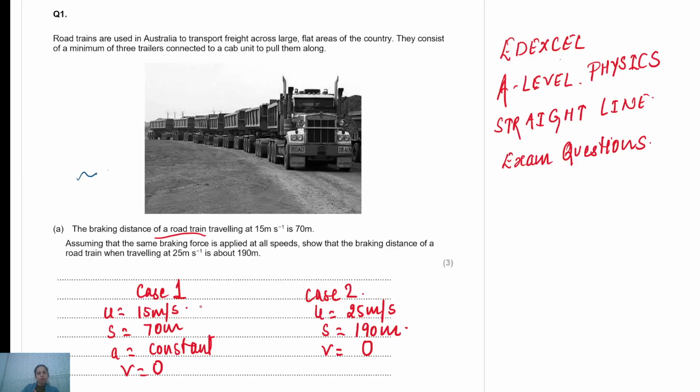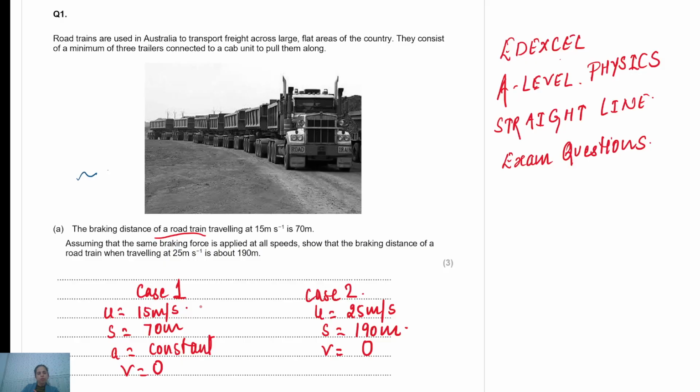So what we're going to do is find the acceleration from case 1, and then plug it into case 2 and see what distance comes out. So we're just going to use the equation. Case 1: v squared equals u squared plus 2as, so 0 equals 15 squared plus 2 times a times 70.